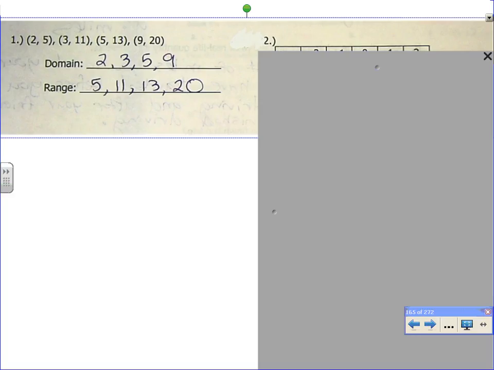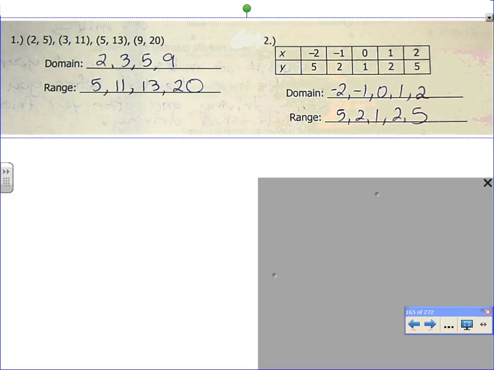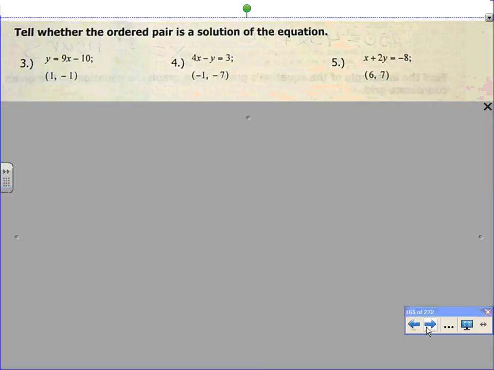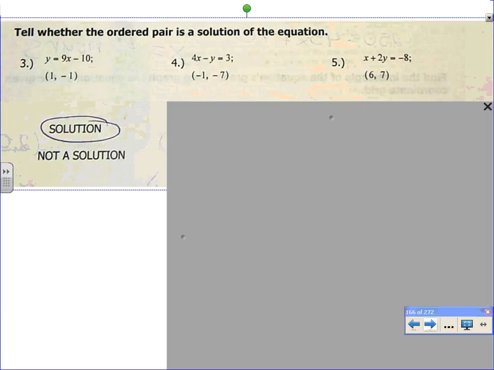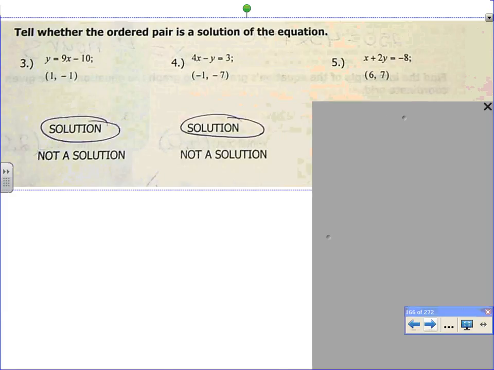Domain is negative 2, negative 1, 0, 1, 3, and range is 5, 2, 1, 2. Yes. Number 3, is it a solution or no? Jordan? Yes, it's a solution. Number 4, right? Solution. And number 5, King.